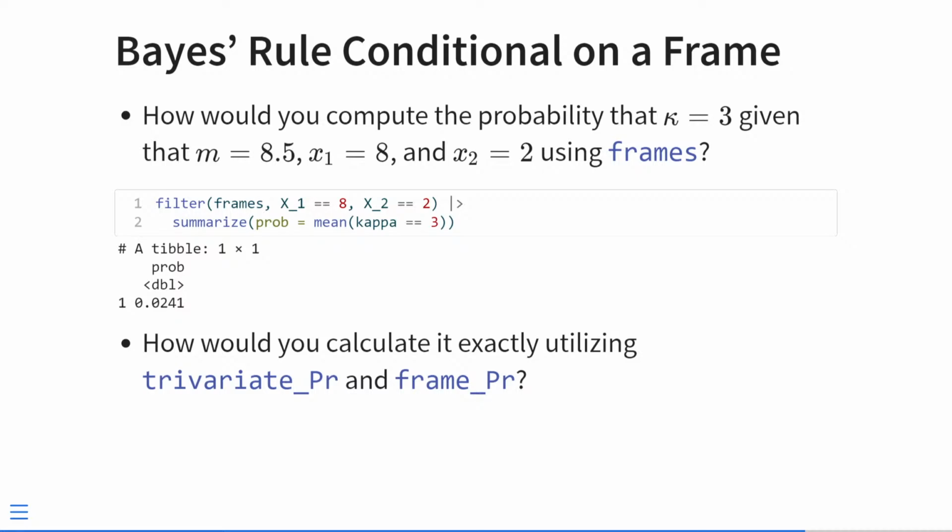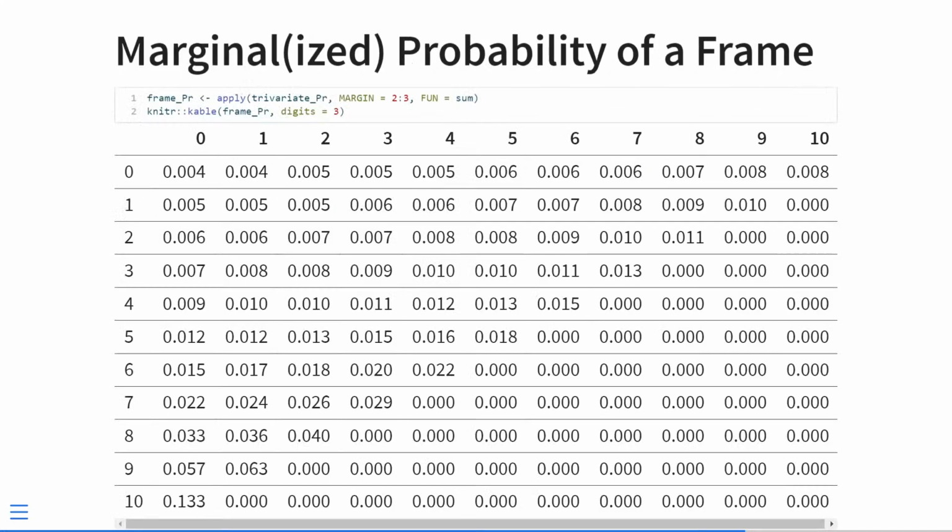And now we need to divide by the event we're conditioning on, which is x1 equals 8, x2 equals 2, a frame with 8 on the first roll and 2 on the second. And so how would we put the denominator using frame PR? Which is this.